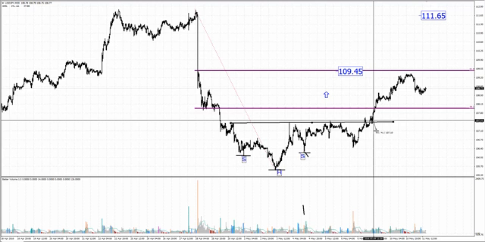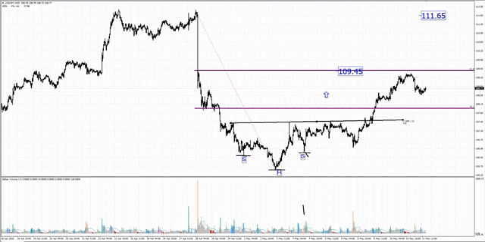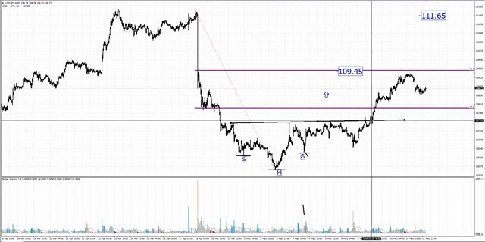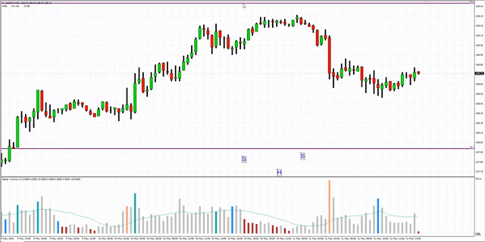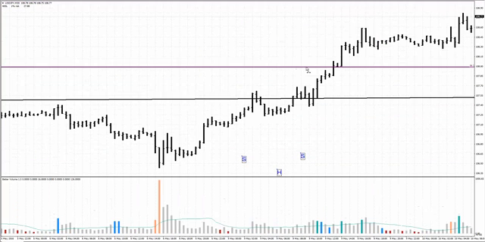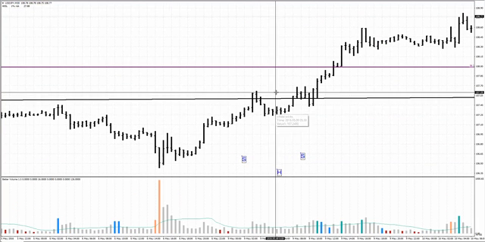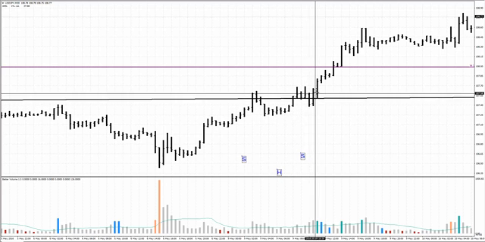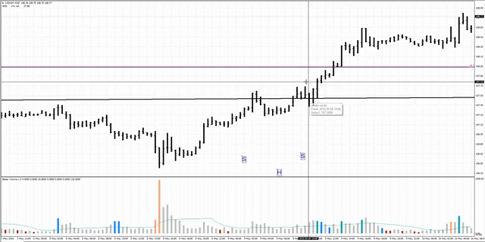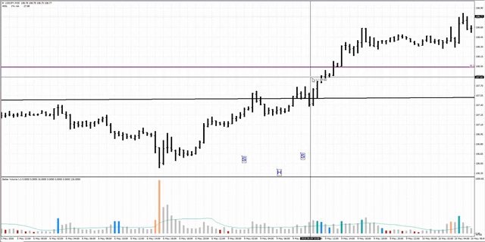After the breakout of the neckline, you see here this successful test. I'll zoom in so you will see the successful test. There is also testing here, but then you see that demand again came in, and this is very good.